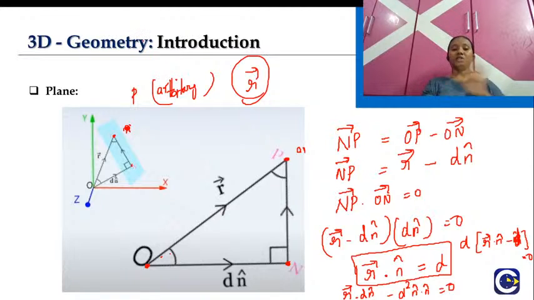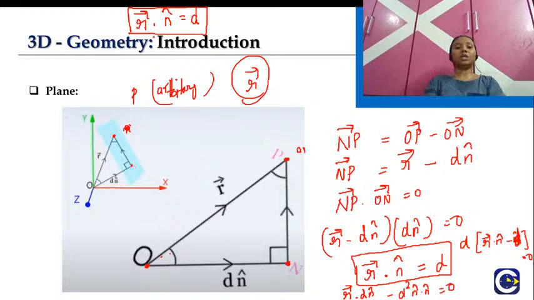so we can keep it in this way: the equation of a plane passing through a point P and having a normal distance from the origin D, then the equation of that plane is given by R bar dot N cap is equal to D. So what is D here? Distance from the origin to the normal point on the plane. Right. So this is my equation of plane in vector form.